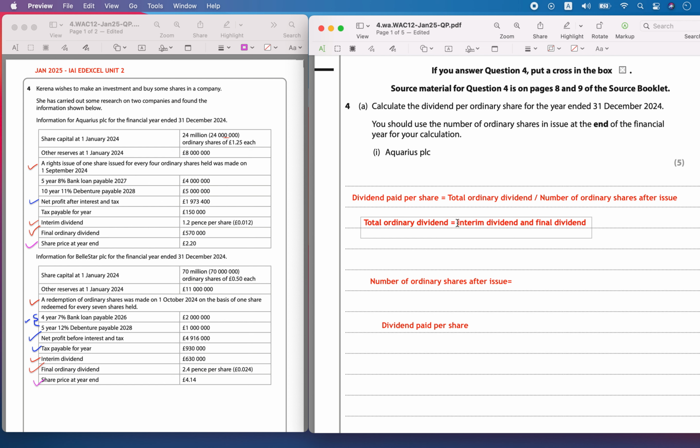The total ordinary dividend is going to be the sum of interim dividend and final dividend. Here we can see that interim dividend was issued at the rate of 1.2 pence per share, that is equal to, we have to take it in pounds, 0.012 pounds times the number of shares, which was 24 million.